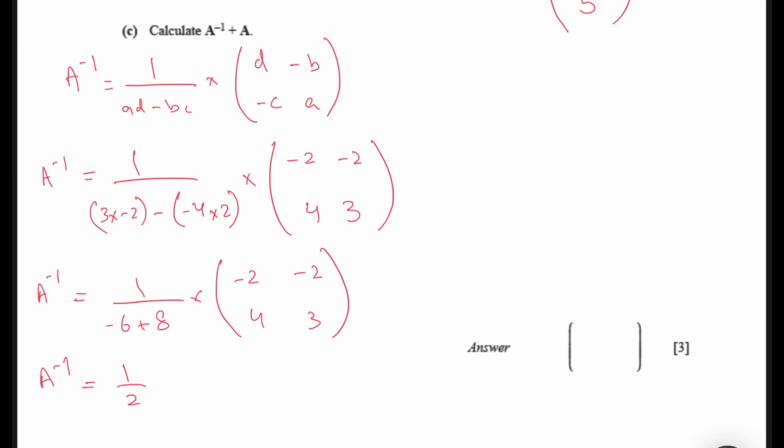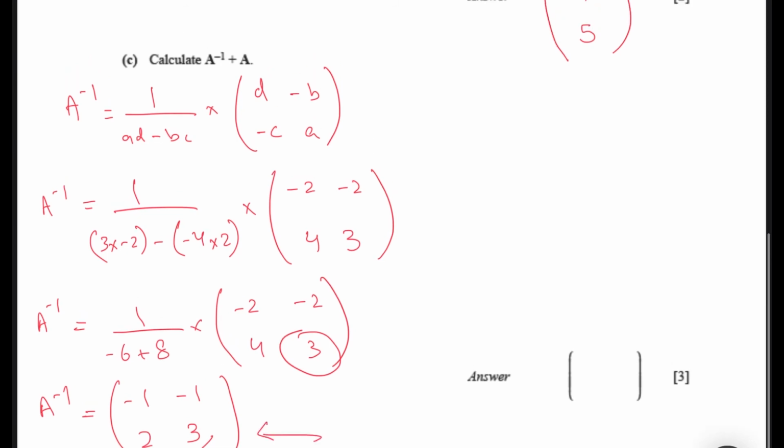So let's just directly multiply this and let's write down the matrix. When 1 over 2 is multiplied by negative 2, you get negative 1. And when 1 over 2 is multiplied by negative 2, you get another negative 1. And then when 1 over 2 is multiplied by 4, you get 2. And when 1 over 2 is multiplied by 3, you get 3 over 2.